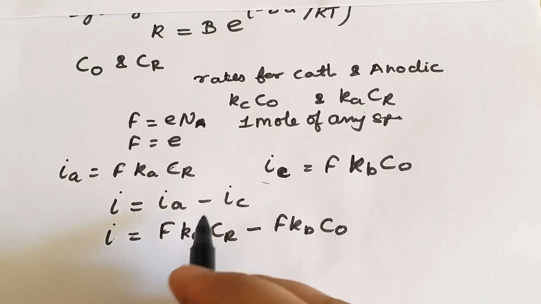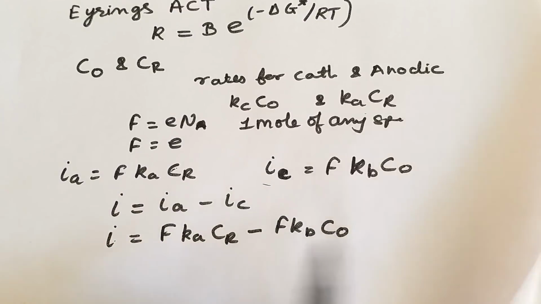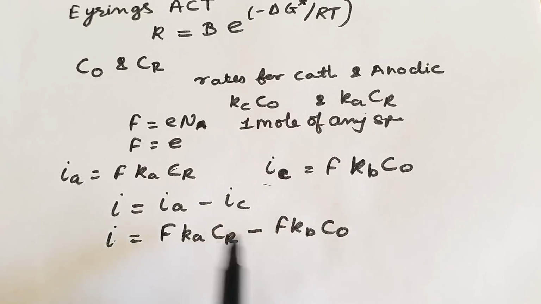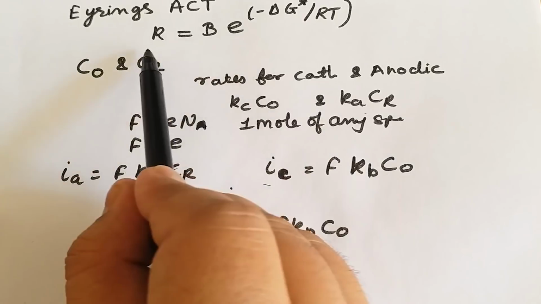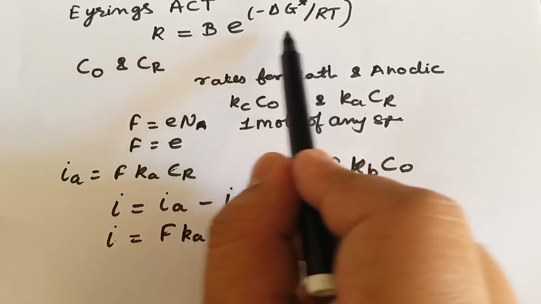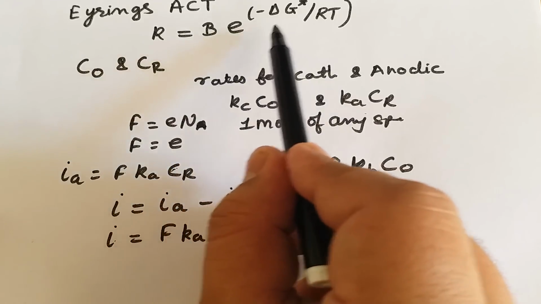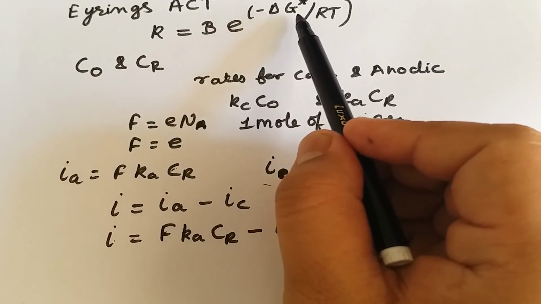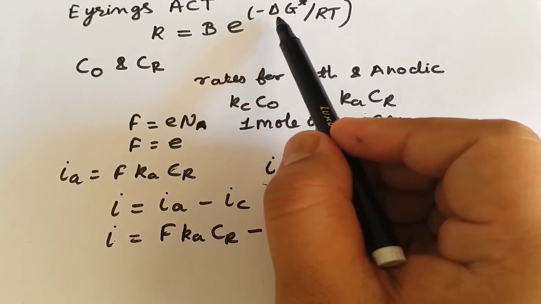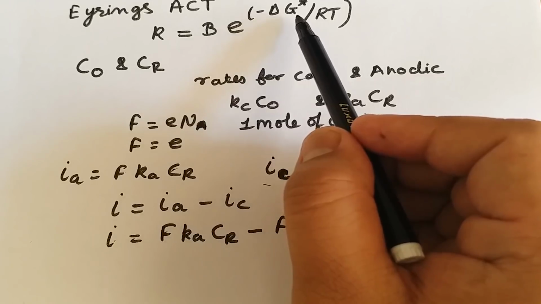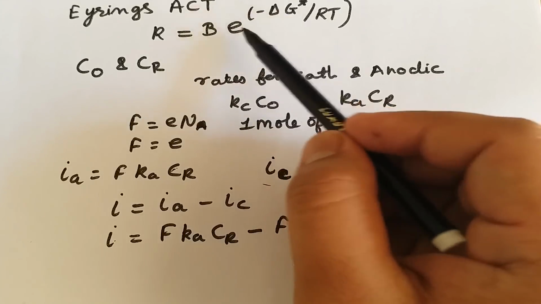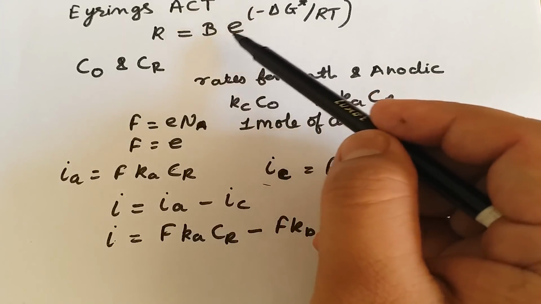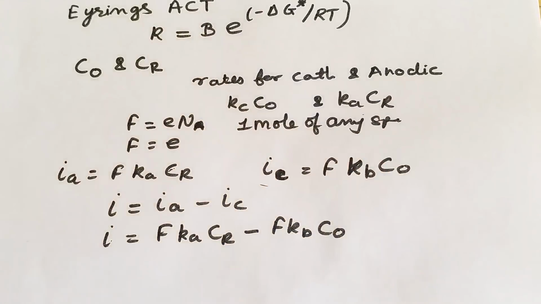And again we have the expression for our rates, that is K, from Eyring's activated complex theory: K is equal to B e raised to minus delta G star upon RT. So delta G star C we write for the cathodic process, and delta G star A for the anodic process, because the activation energy will be different for the cathodic as well as the anodic processes.